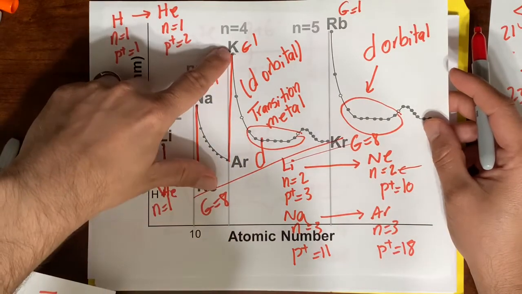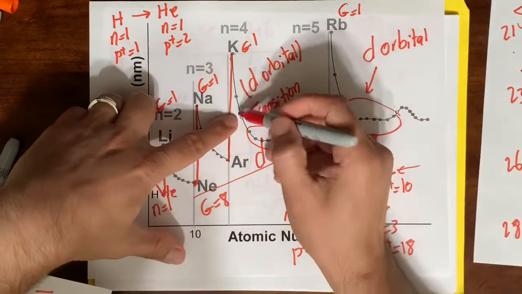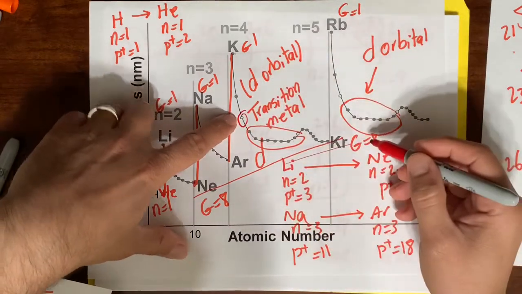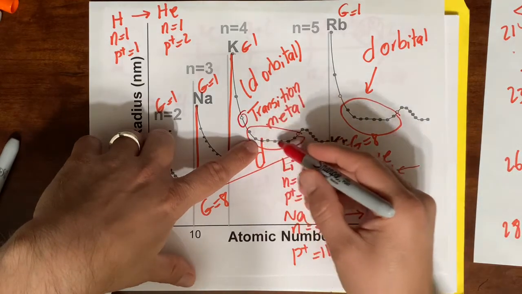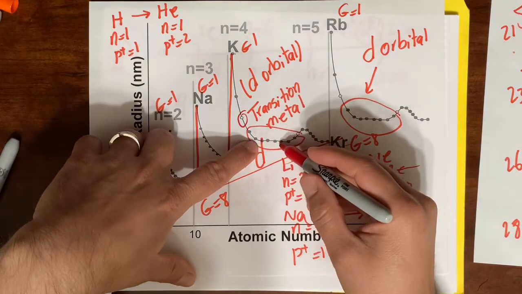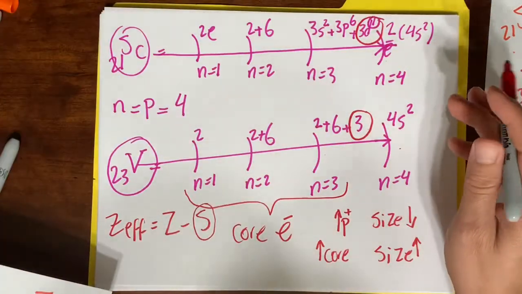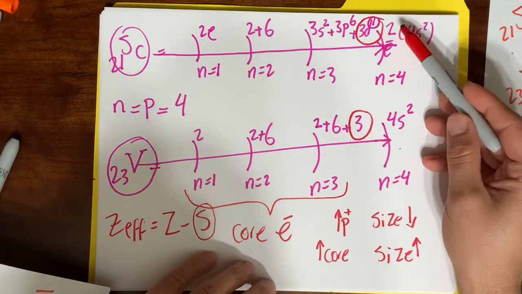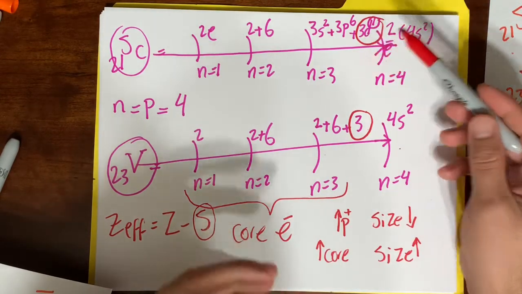Like here, 4s1, 4s2, this is 3d, 3d1, 3d2, 3d3. And as you see, by increasing the number of electrons inside d, it is getting almost flat. At the beginning, when you added 1 electron here, the change is not dramatic.